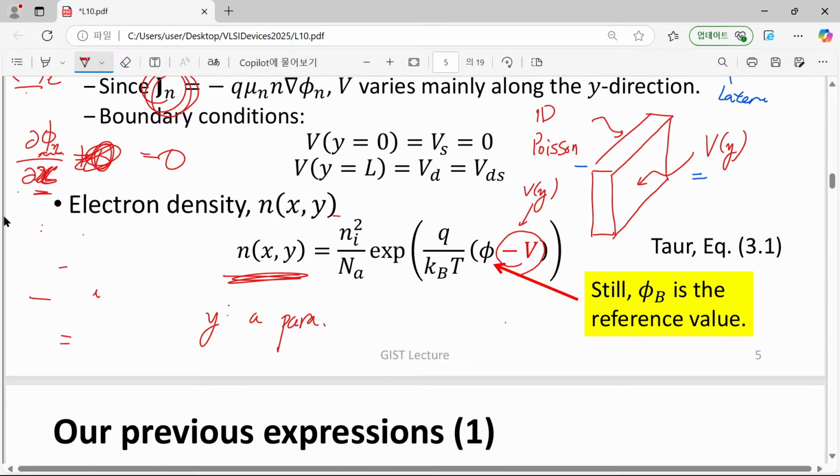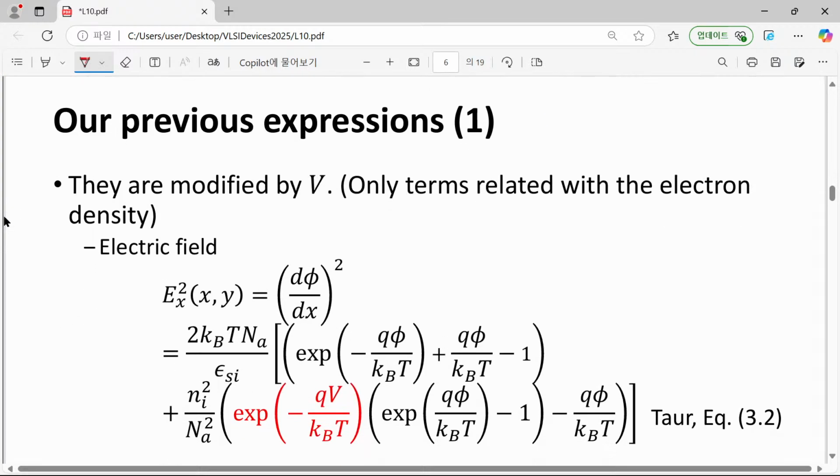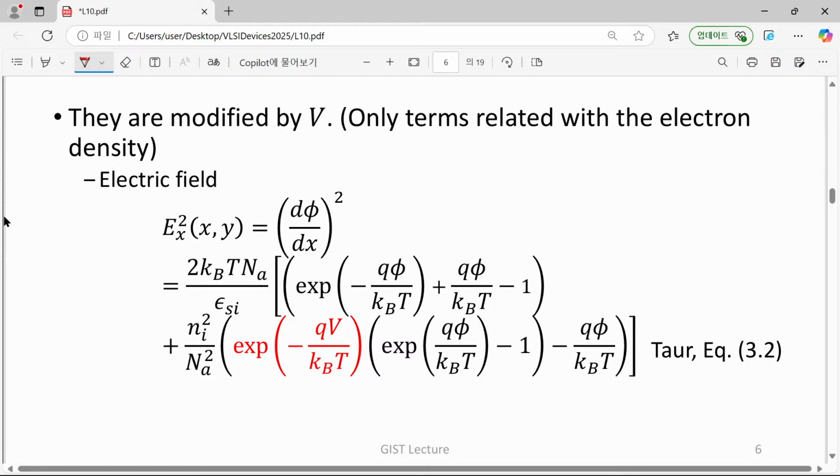Then the remaining procedure is amazingly simple, because you just do it once again as your own exercise. When you do it once again, the only difference comes from the expression for electron density, which introduced a small modification.